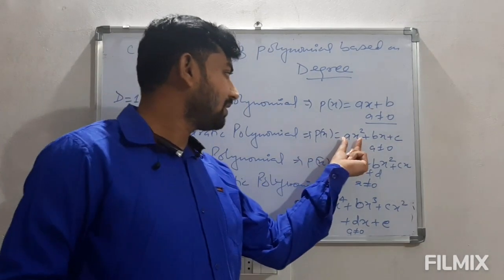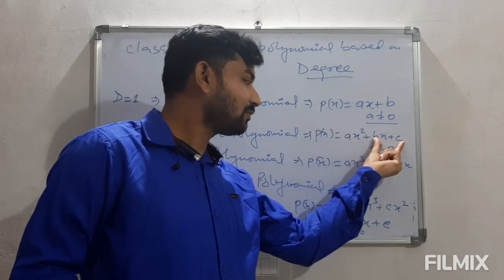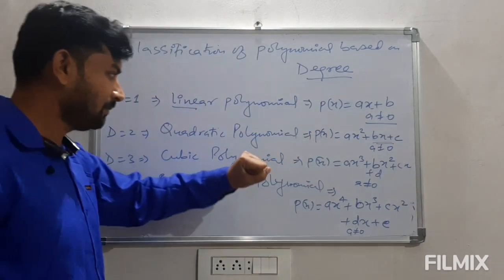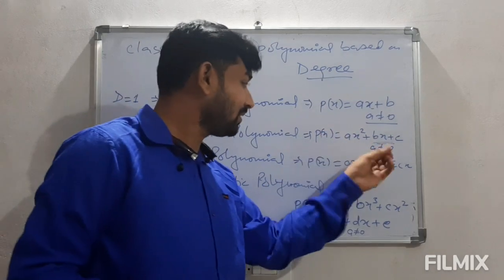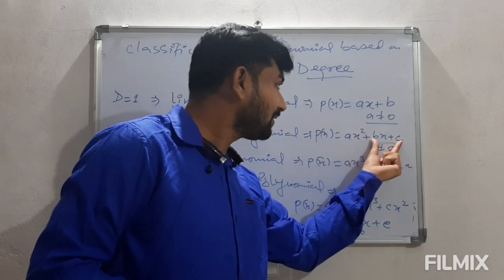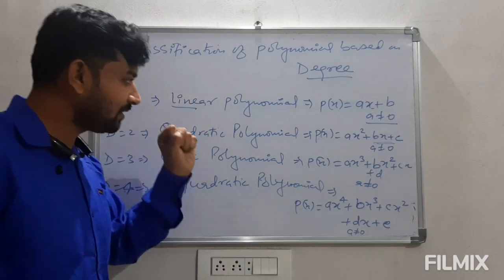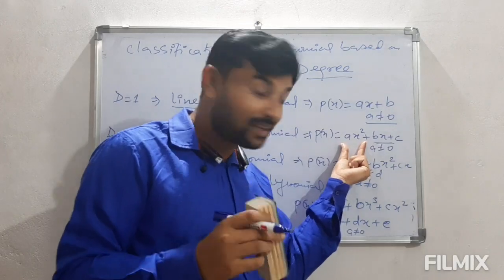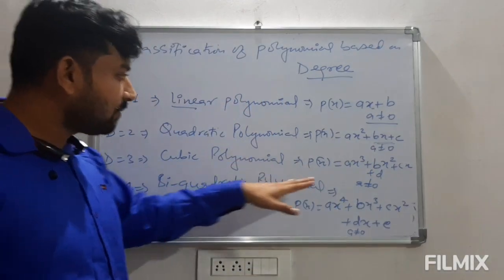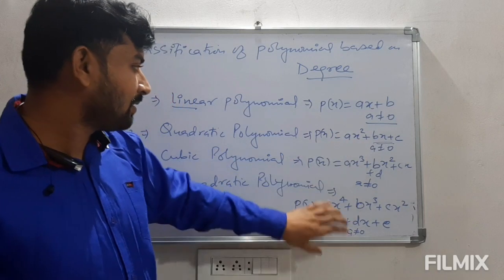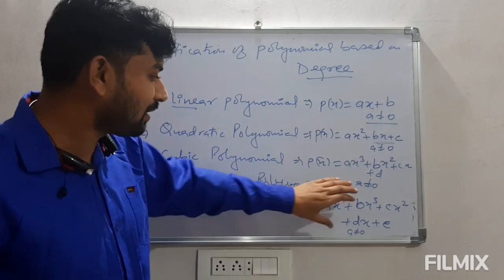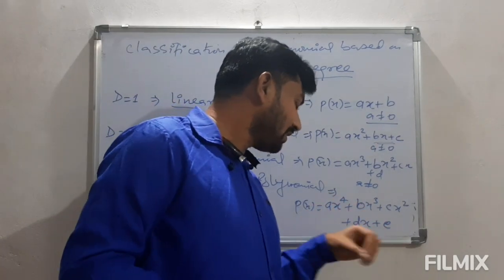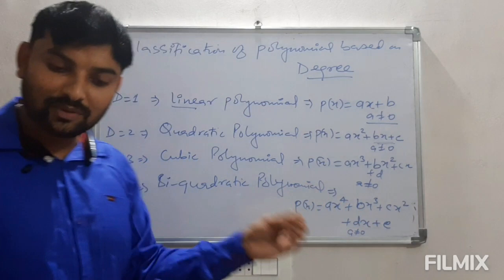Now see, if here a is equals to 0, then this will remain bx plus c, so this will become linear. अगर हम यहाँ पे a को 0 कर देते हैं, किसी भी तरीके से 0 हो जाता है, तो ये सिर्फ bx plus c बचेगा जो कि क्वाड्रेटिक न होकर लीनियर हो जाएगा. यहाँ पर b और c 0 हो सकते हैं, जिससे ये ax स्क्वायर बचेगा, जिससे ये क्वाड्रेटिक ही रहेगा. और क्यूबिक में भी a अगर 0 हो जाएगा तो ये क्वाड्रेटिक बन जाएगा. अगर हम बाई क्वाड्रेटिक की बात करें, अगर a 0 हो जाएगा तो ये क्यूबिक हो जाएगा. इसमें से बाकी b, c, d, e ये जो 4 कोफिशिएंट है ये कभी भी 0 हो सकते हैं.